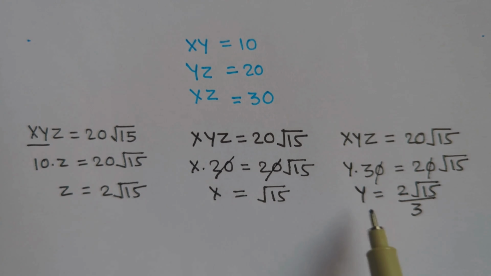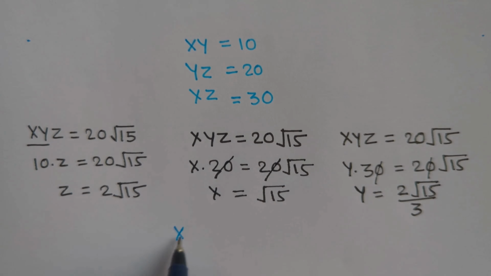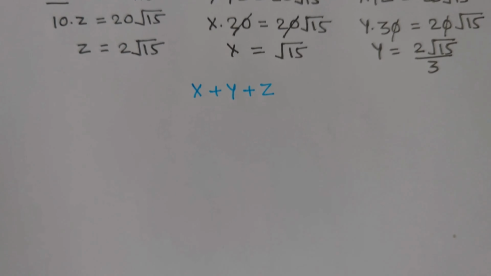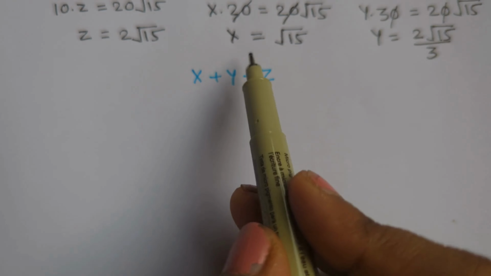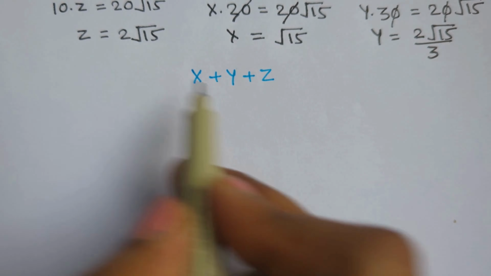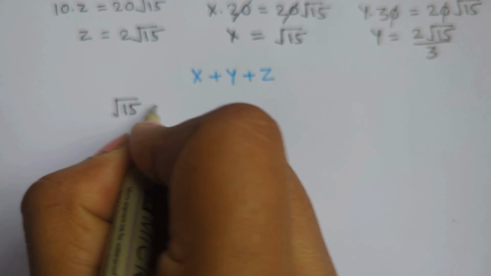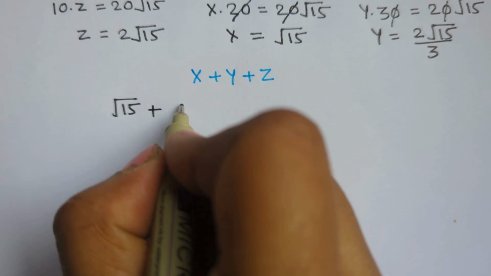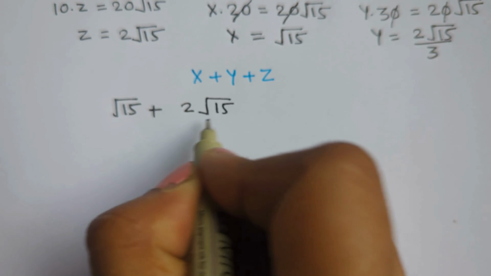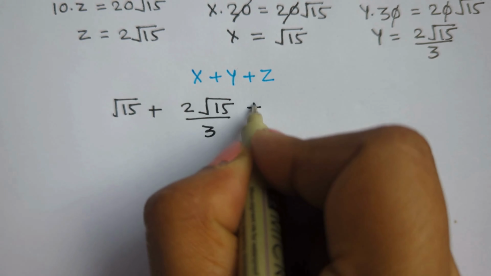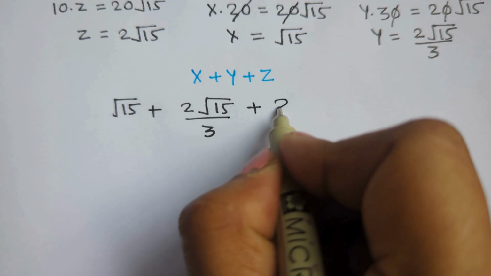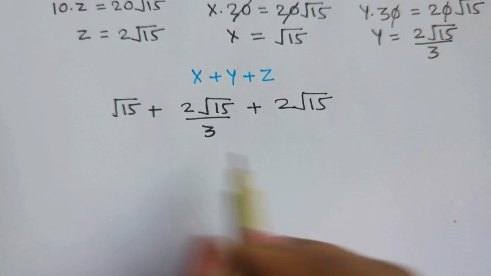So these are the values of x, y and z, and we have been asked to find the value of x plus y plus z. Simply keeping the values of x, y and z in this, it would be square root of 15 plus y, which is 2 square root of 15 divided by 3, plus z, which is 2 square root of 15.